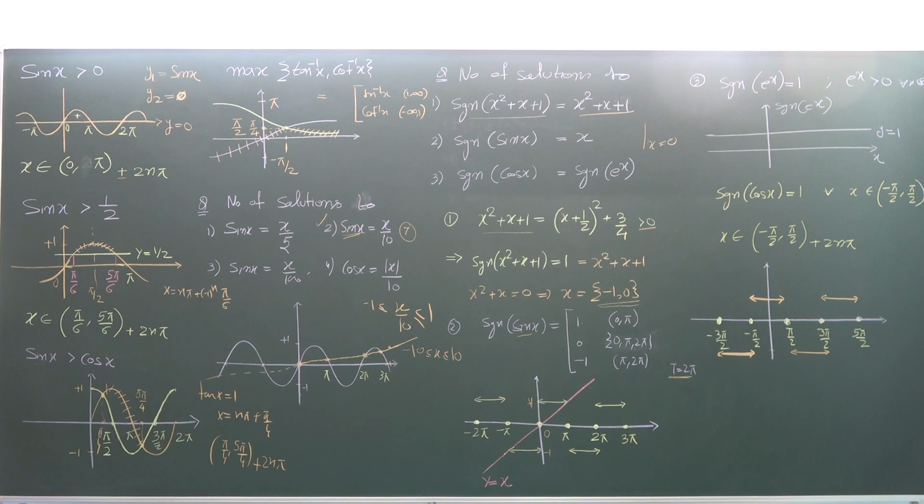Now signum of cos x equals signum of e raised to power x. Exponential functions are always positive, which means signum of e raised to power x will return us 1, a constant function throughout.